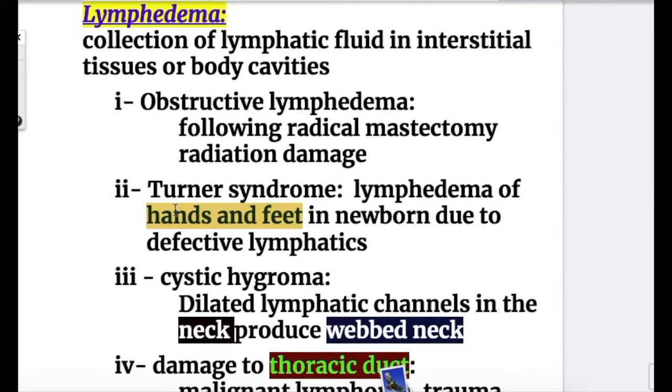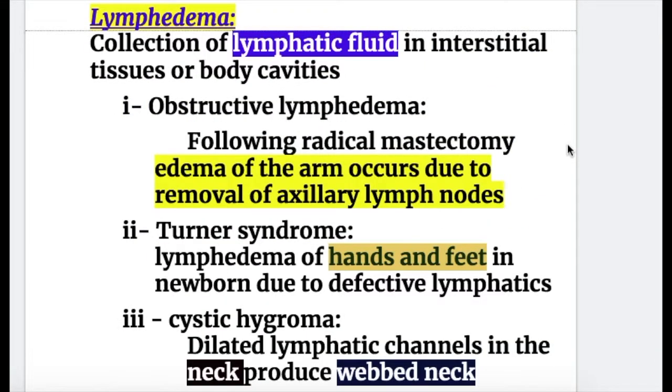Now lymphedema. Lymphedema is collection of lymphatic fluid in interstitial tissues. Number 1, obstructive lymphedema. It occurs following radical mastectomy, and edema of the arm after mastectomy is due to removal of the axillary lymph nodes. Number 2, Turner syndrome. Lymphedema of hands and feet in the newborn in Turner syndrome occurs due to defective lymphatics.